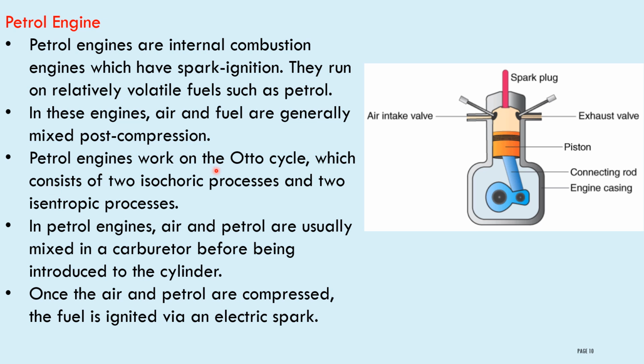Petrol engine works on the Otto cycle, which consists of two isochoric processes and two isentropic processes. An isochoric process is one where, even if there is a change in temperature and pressure, the volume of the system remains constant. It occurs at constant volume.